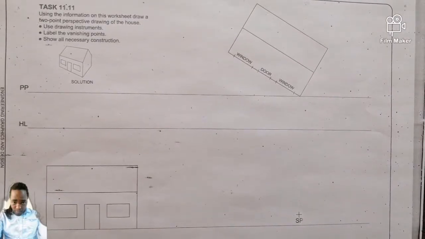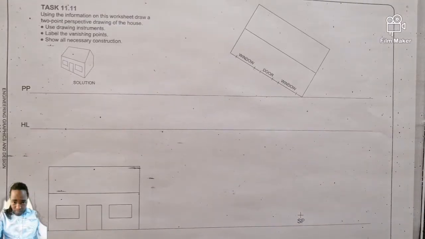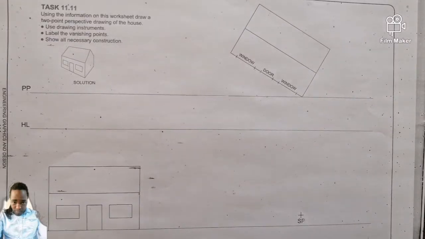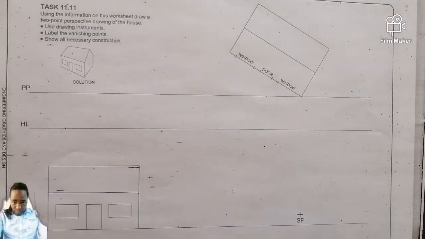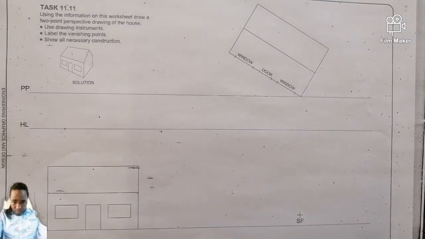If you read the question, it is very important to read it. You mustn't just attempt it and say, oh, I know this one is supposed to be done like this. Use the information on this worksheet to draw a 2-point perspective drawing of this house.